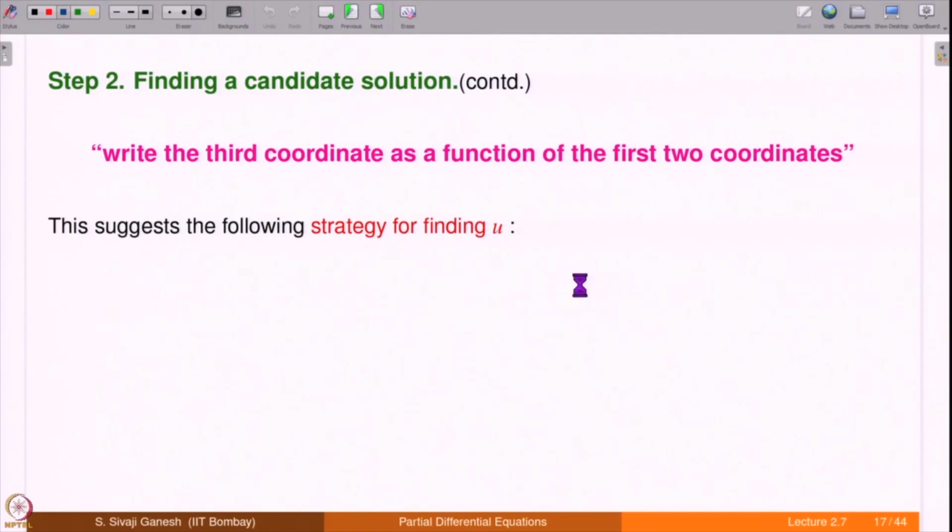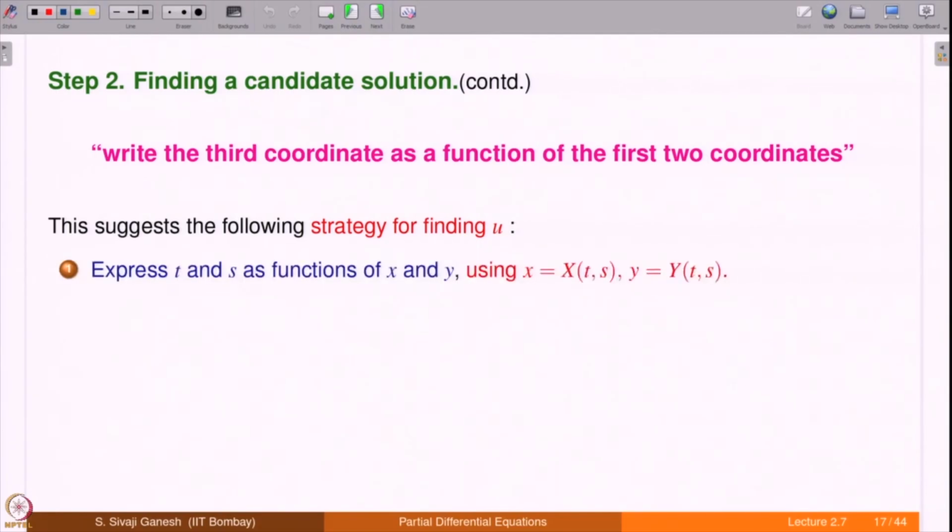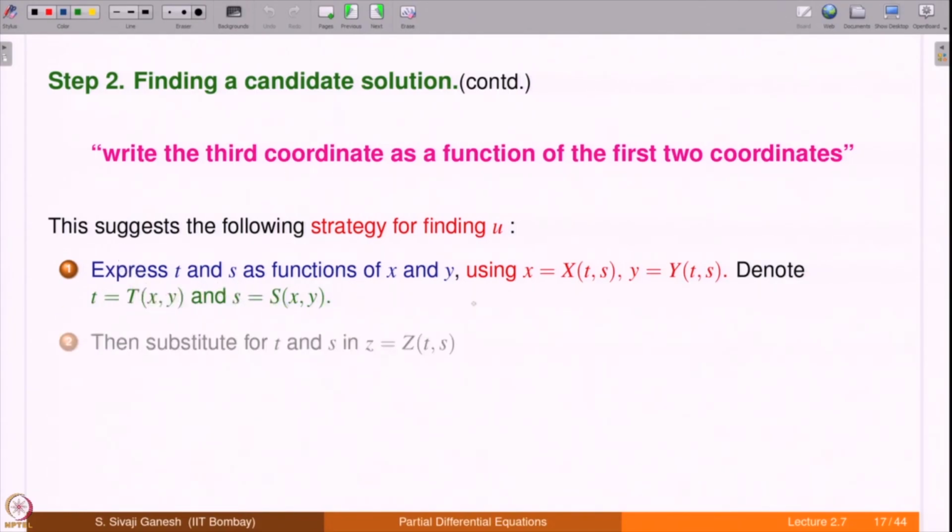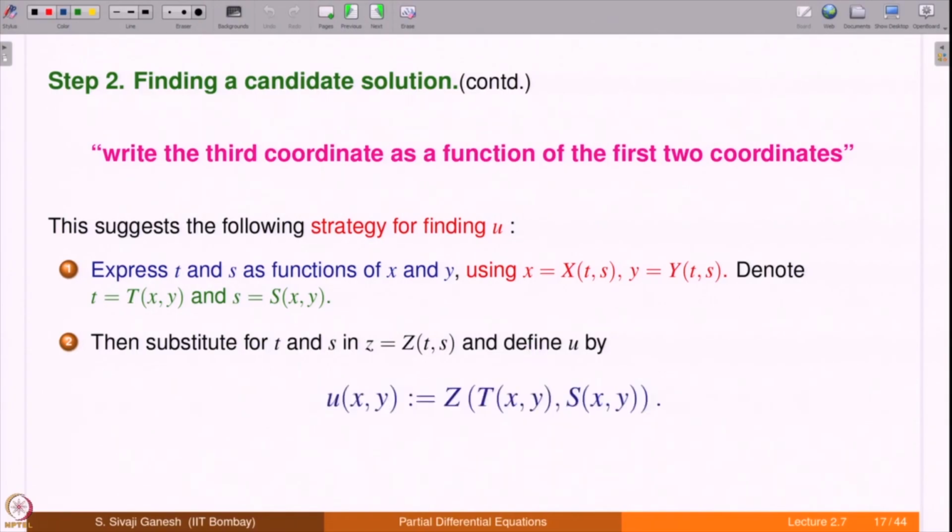So, the strategy for finding u is this: express t and s as functions of x and y. We have x and y given in terms of t and s. Now suppose I write t and s in terms of x and y, go ahead and imagine this is the formula we write, t equal to capital T(x,y) and s equal to capital S(x,y). Now we go and substitute in this relation z equal to z(t,s) and define a function this way, z at t equal to T(x,y), s equal to S(x,y).